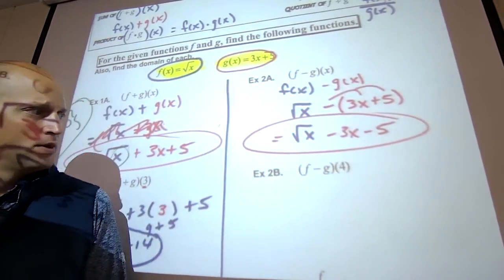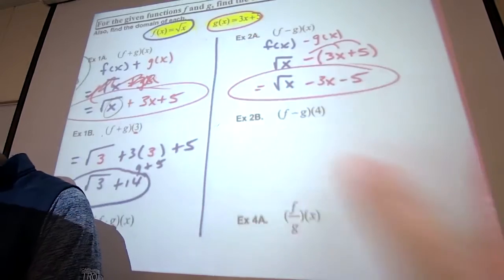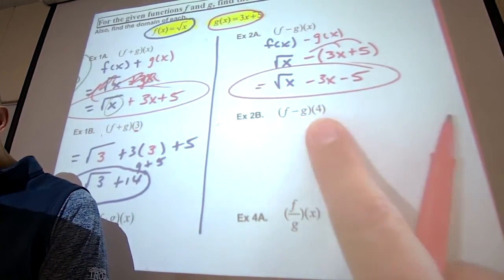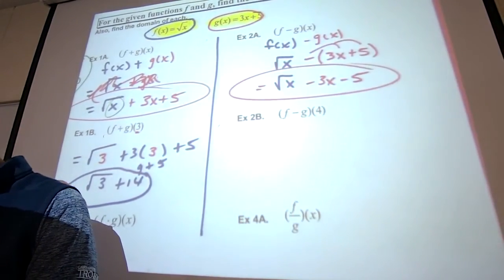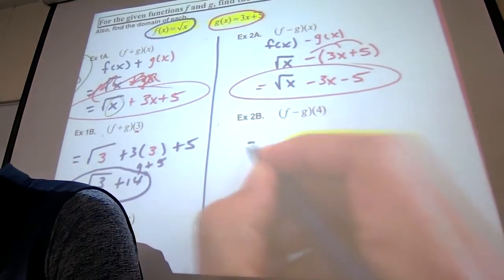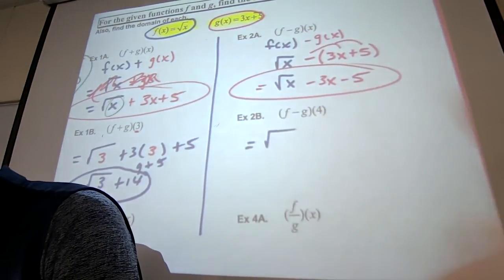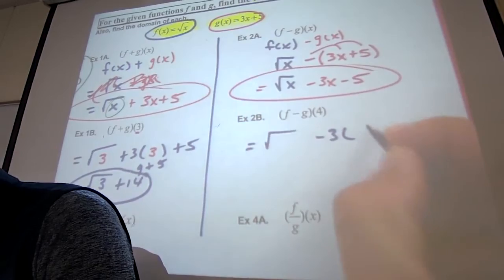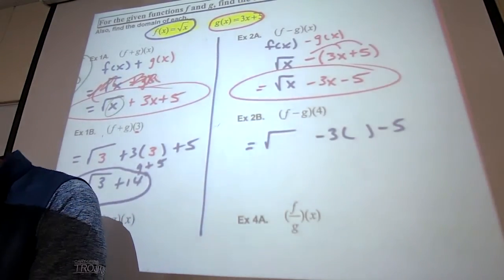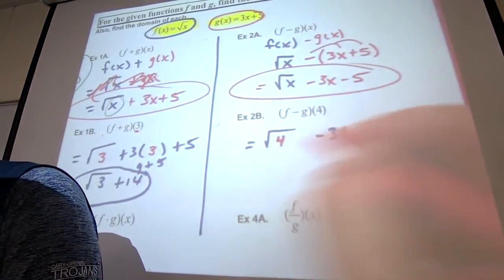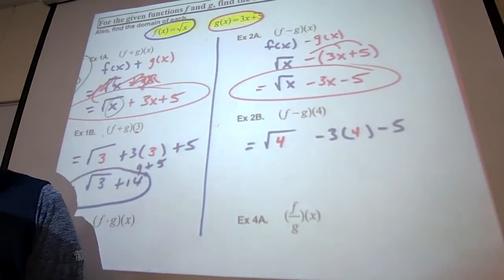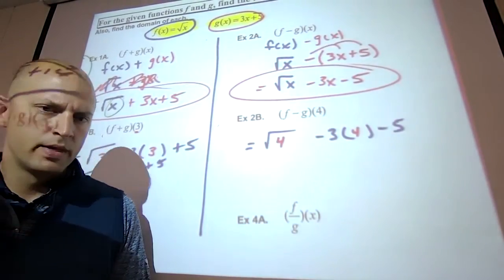All right? So I've got the next one, example 2b, I got f minus g of 4. All I got to do is plug in 4 into this guy here. So I just rewrite it like I see it, but instead of x, now I'm going to throw in 4. So far, so good.